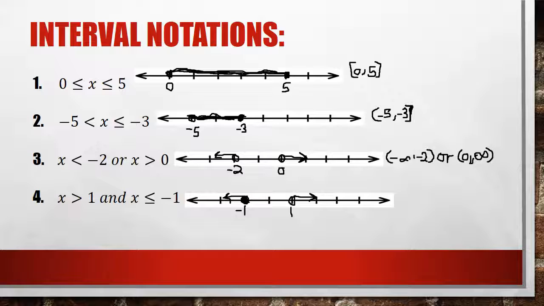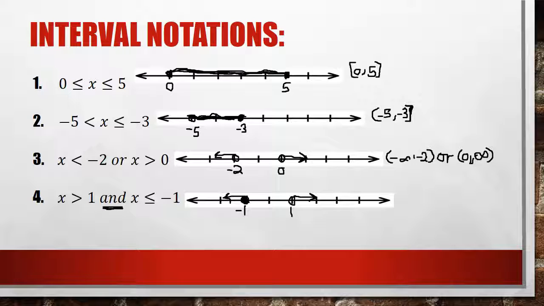I have the word and, so I need to find the solution for this inequality, and I need to find the value that satisfies both inequalities in this compound inequality. And looking at these two inequalities on the number line, these two inequalities do not share any solutions together. And when we have the word and, that means that the solution should satisfy both inequalities.